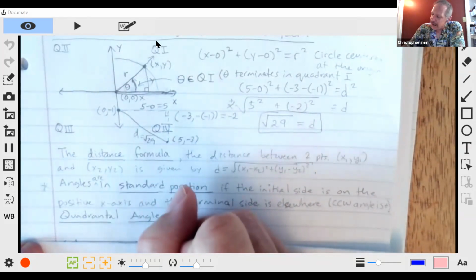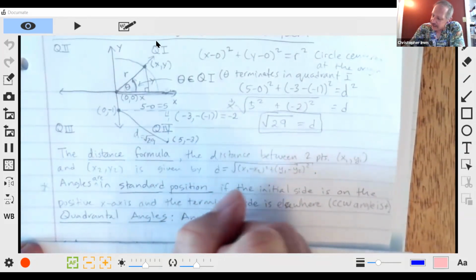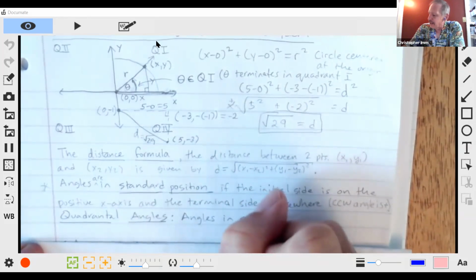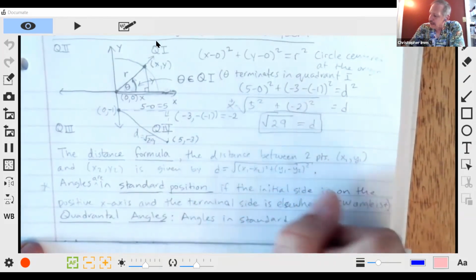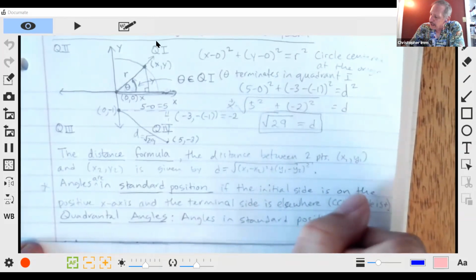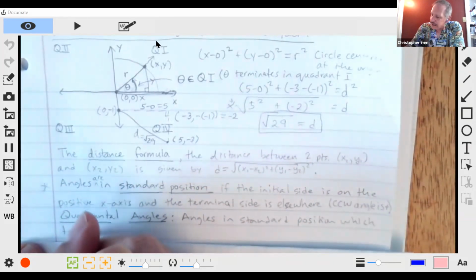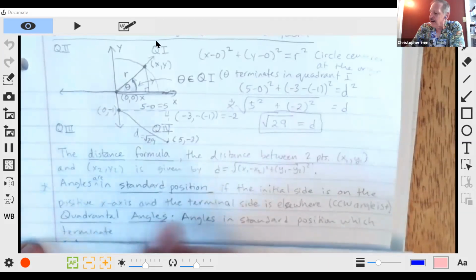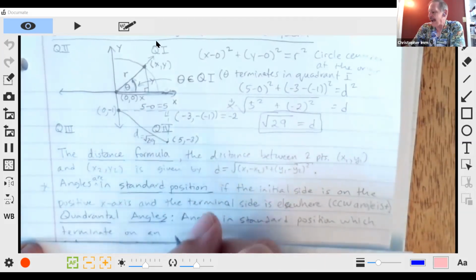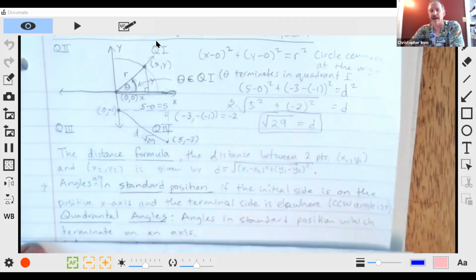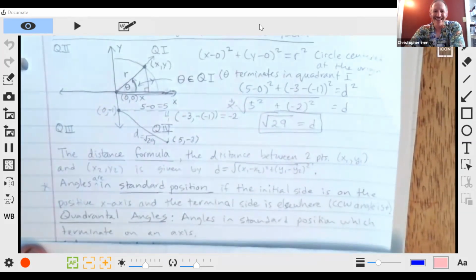So these are angles in standard position which terminate on an axis, either the X or Y axis. So can anybody give me an example of a quadrantal angle? Maybe their favorite one, or maybe one they don't like so much.